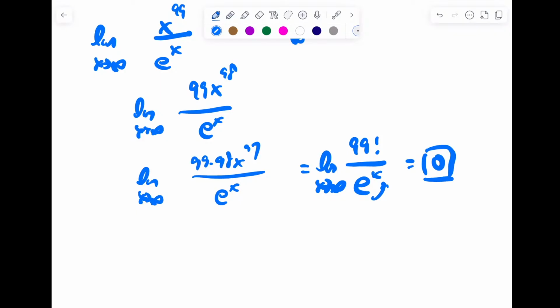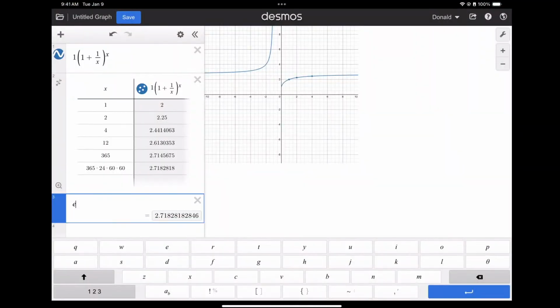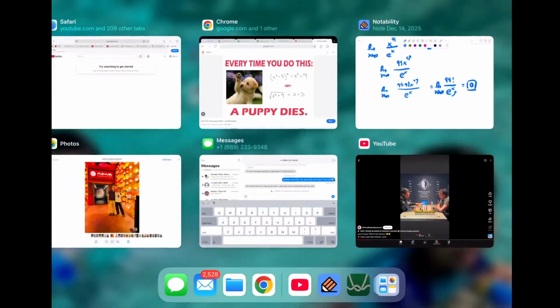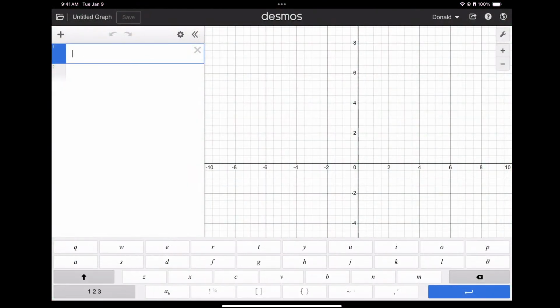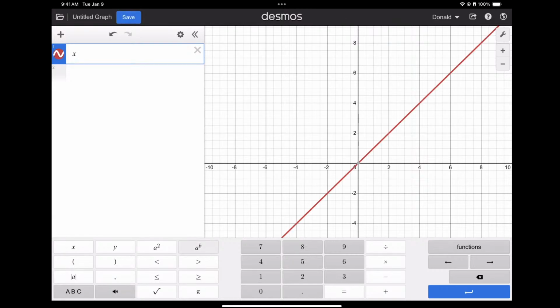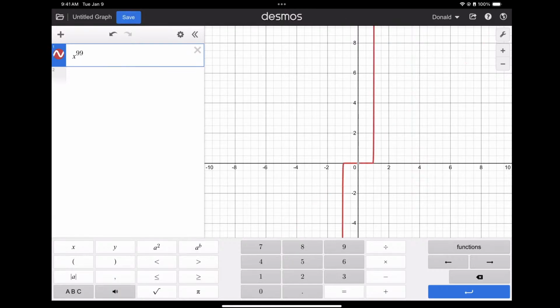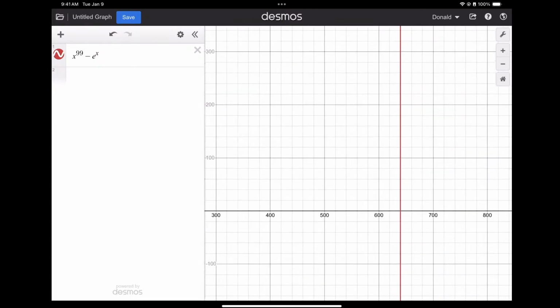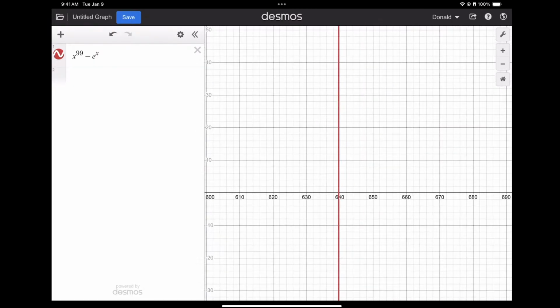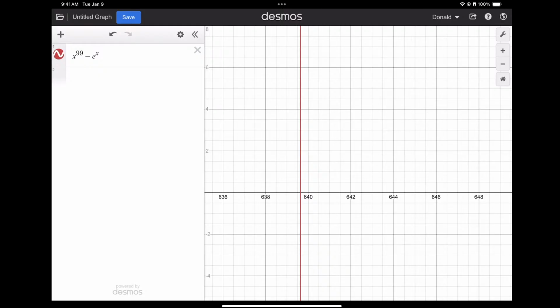So I'm trying to think about the best way to prove which number is bigger. Let's try this. Roughly 640.